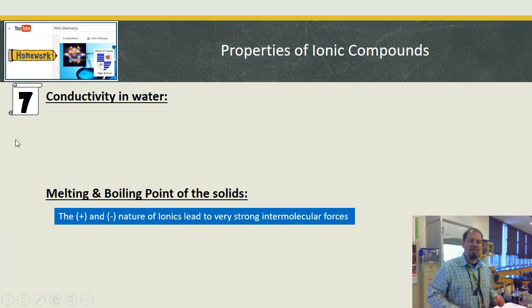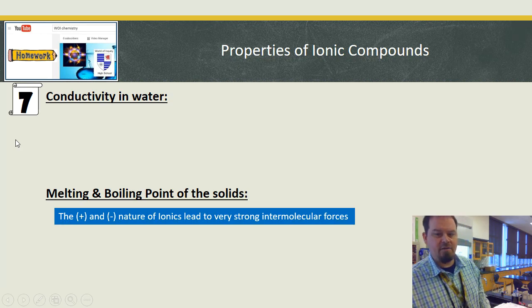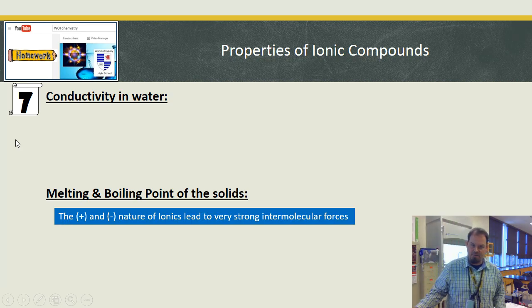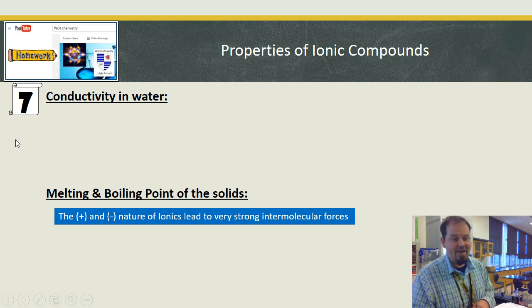Melting point: the positive-negative nature of ionics gives very strong intermolecular forces. Again, foreshadowing to later in the unit. Forces between molecules. So NaCl, and then there's another NaCl. The negative side, the Cl, is going to line up with the positive side of the Na, and three-dimensionally, that negative Cl is going to be surrounded on all 6 sides by a positive Na, and vice versa.